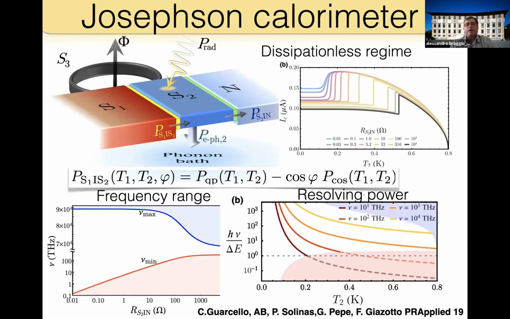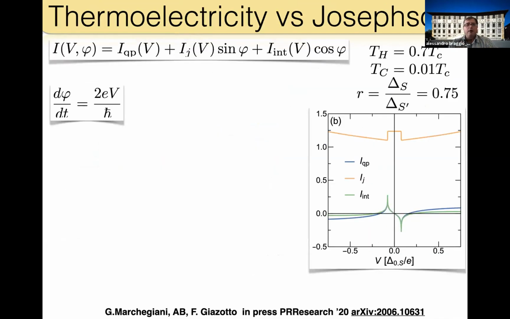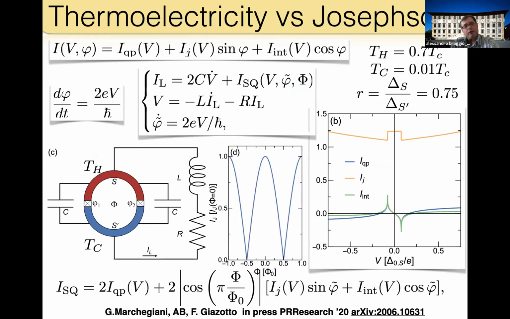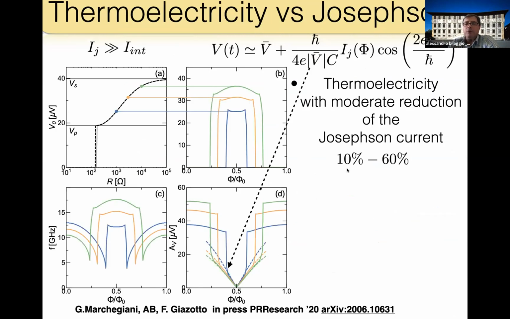But I need to answer your last question. Is the Josephson effect destroying the effect? No. We made an analysis where we can tune the Josephson effect, using a system where you do a sort of interferometric technique to increase and reduce the weight of the Josephson effect. We were able to show that even with a moderate reduction of the Josephson current amplitude, you can get the thermoelectric effect.